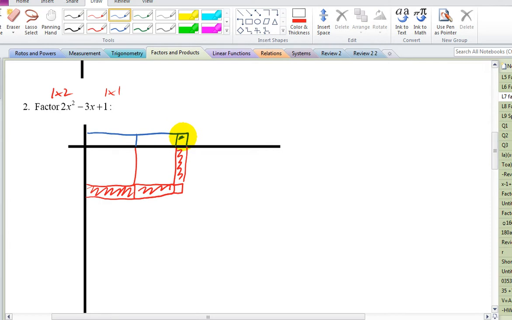Because now up top we have 2x minus 1, and on the side we have x minus 1. So the factors are 2x minus 1 times x minus 1, both in brackets. Doesn't matter which set of brackets are first, but what's inside the brackets must be identical.